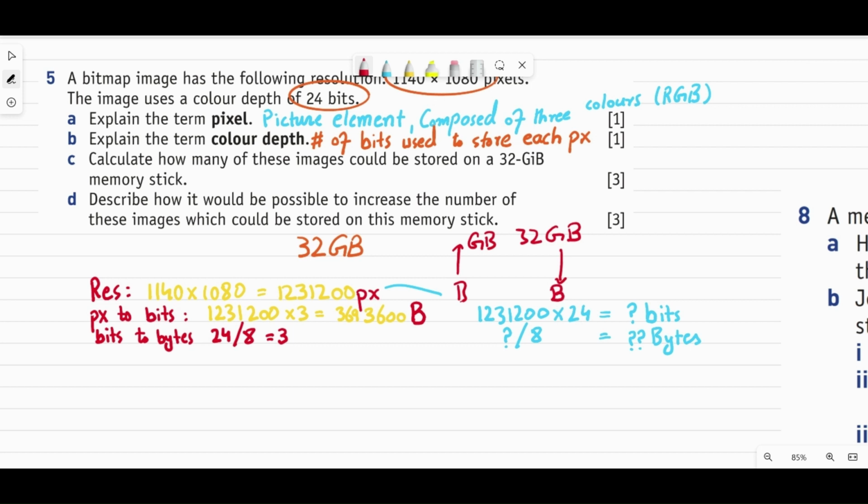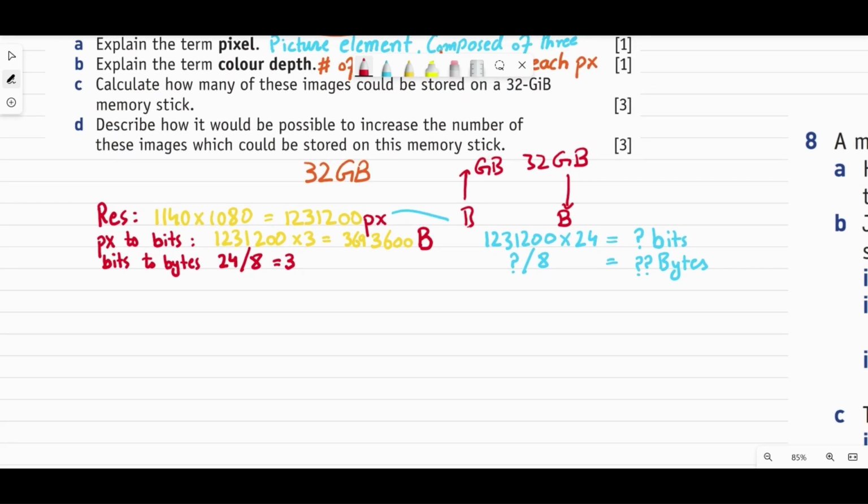So 32 GB to bytes, we have the steps of giga to mega, then mega to kilo, then byte. In any way, it's going to get complex.